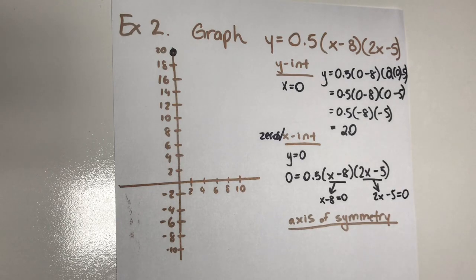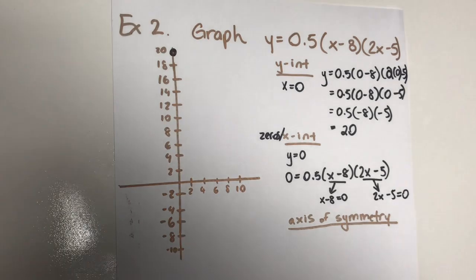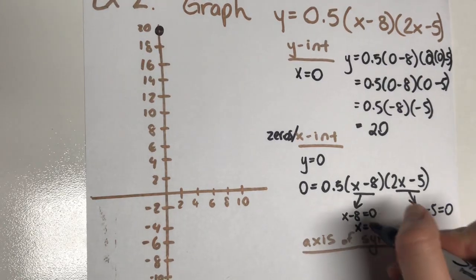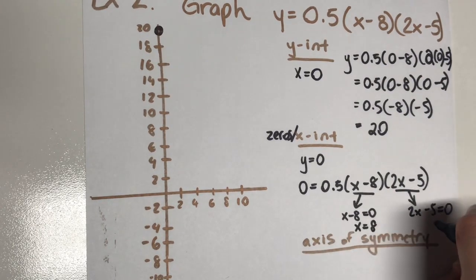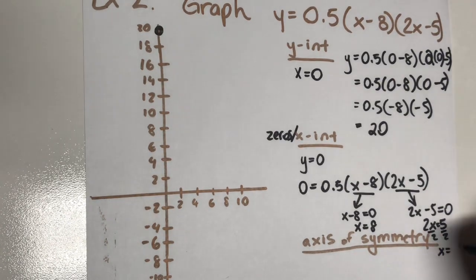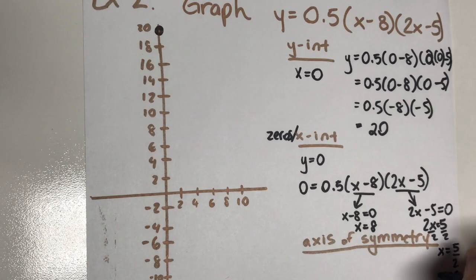Then I can solve for x. So x is equal to 8, I bring this over to the other side. Or x is equal to, I bring this over to the other side and divide both sides by 2, so x is equal to 5 over 2, or you can write it as a decimal, 2.5.